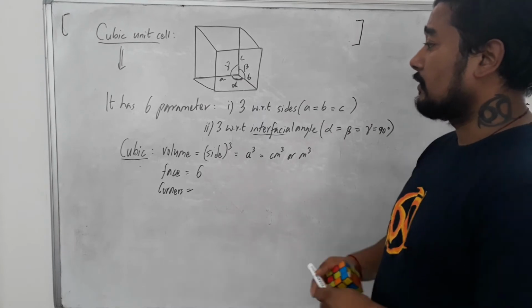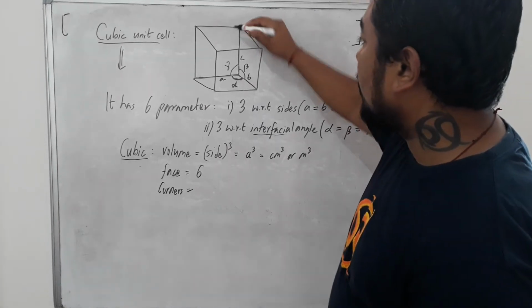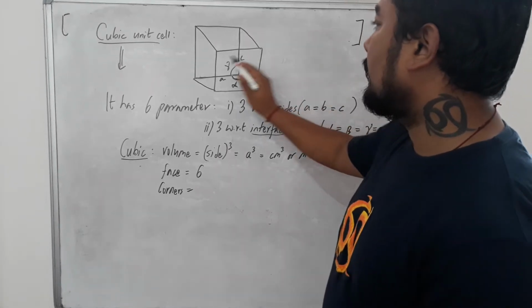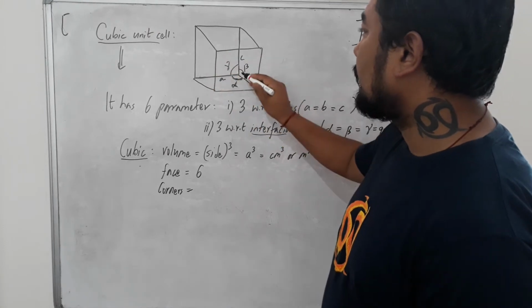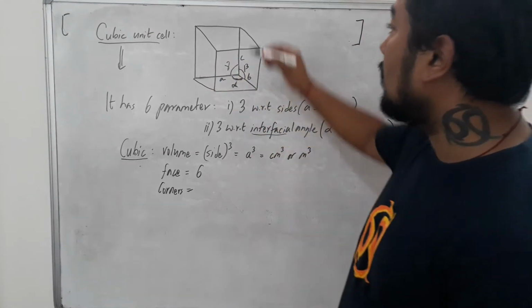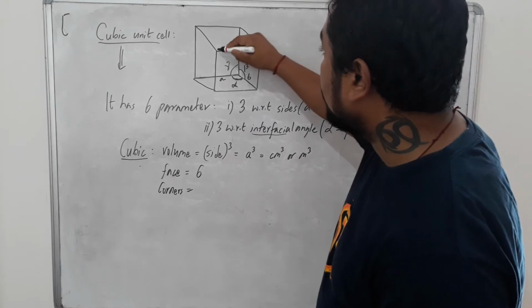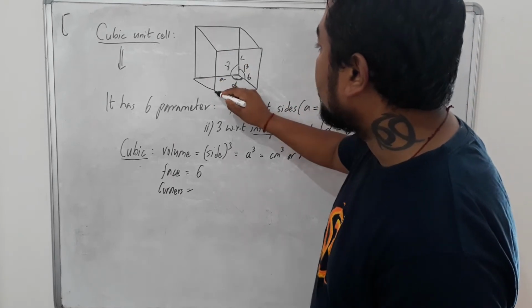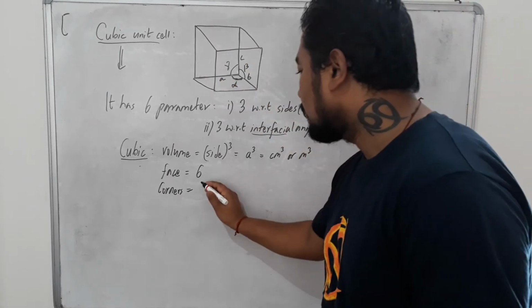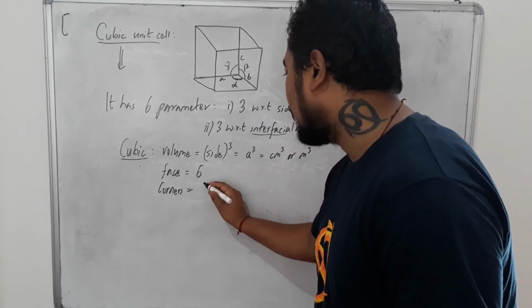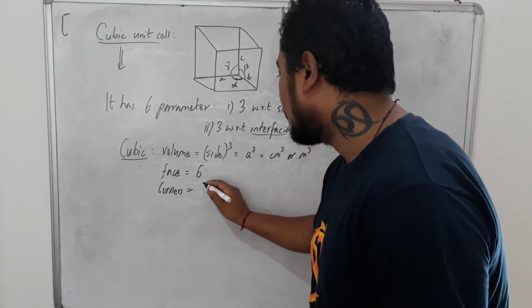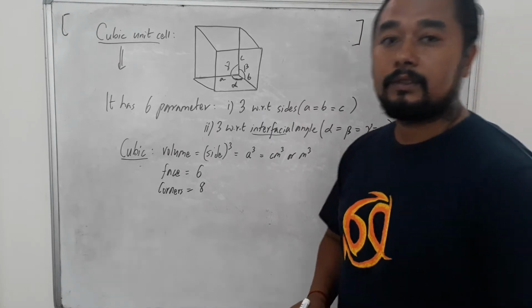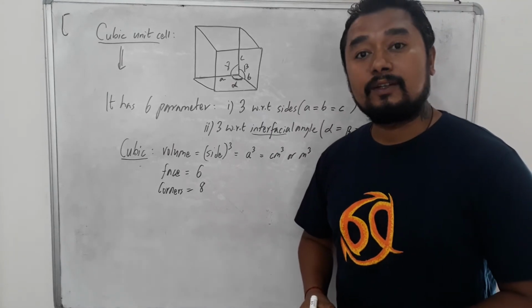The 6 faces are upper face, down face, right face, left face, back face, front face. So do remember students, in a cube there are 6 faces and 8 corners.